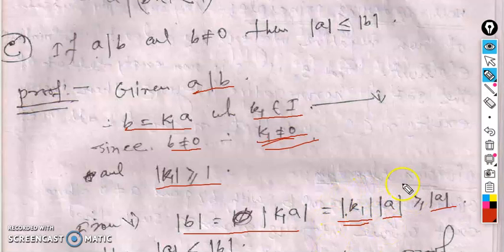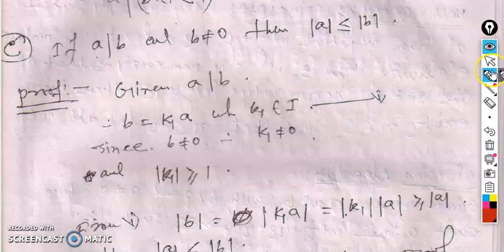Since mod k is at least 1 and mod a is an integer, the product of two integers should be greater than or equal to a single integer value. So we can say that mod b is greater than or equal to mod a, and hence the proof is completed.